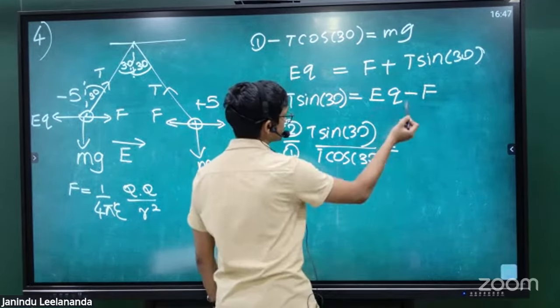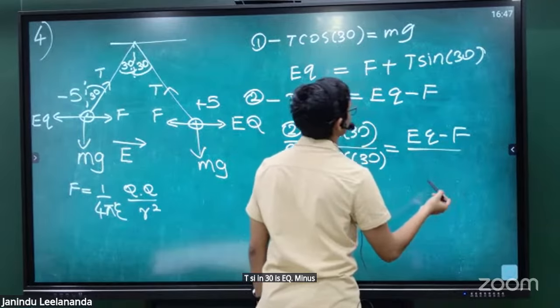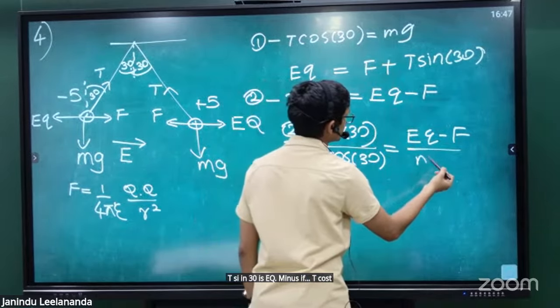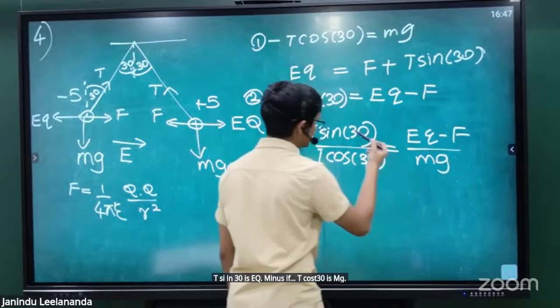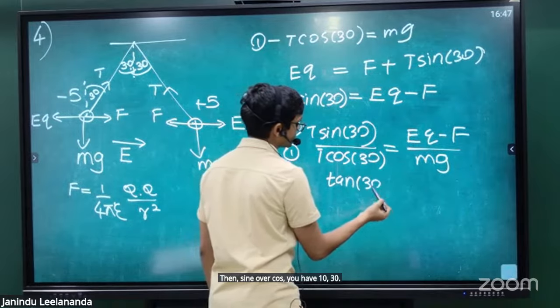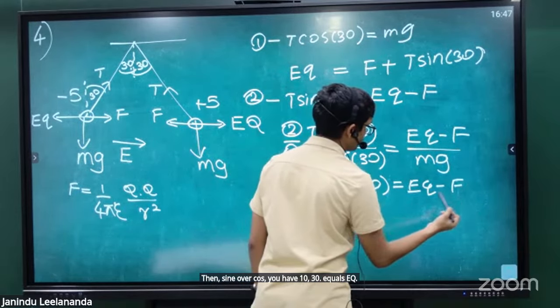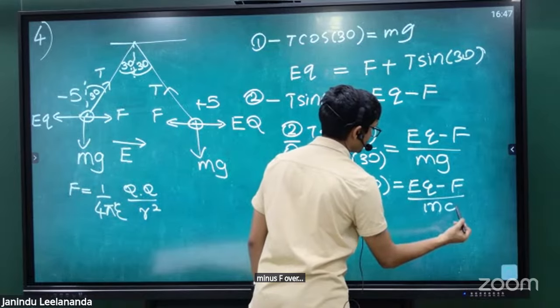T sine 30 is EQ minus F, T cos 30 is mg, then sine over cos you have tan 30 equals EQ minus F over mg.